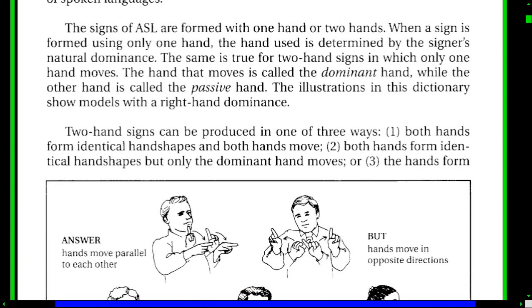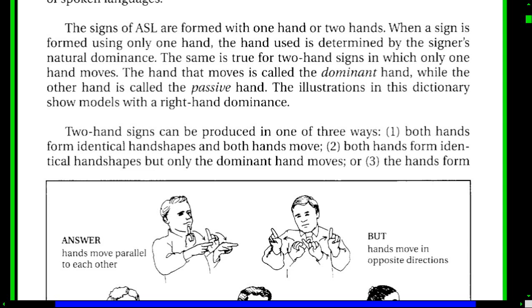The hand that moves is called the dominant hand, while the other hand is called the passive hand. The illustrations in this dictionary show models with right hand dominance. Two-hand signs can be produced in one of three ways.